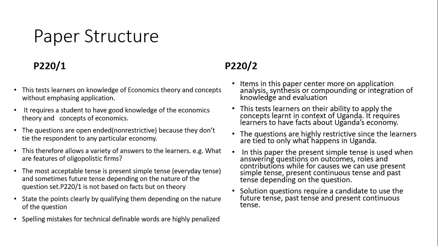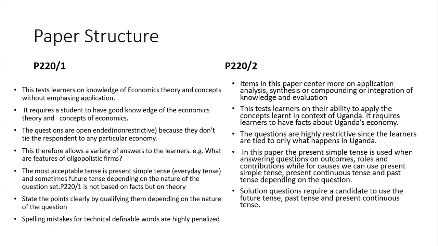It is the reason why the majority of the questions in paper one will have the words "in an economy", because they are open-ended. They are not restricting you to anything. And for that reason, it requires one to be knowledgeable about economic concepts.